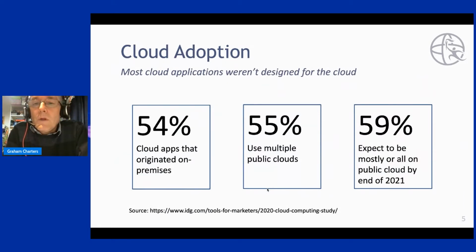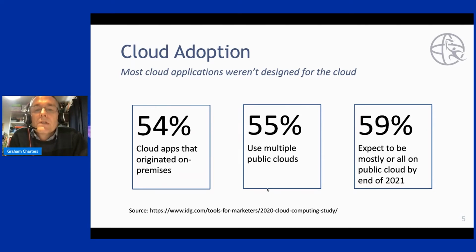And so I've talked about there being a shift. What does that actually mean in terms of the shift to the cloud and Kubernetes? What does that mean in terms of real numbers? Well, this 2020 IDG survey shows that a lot of the applications that are on the cloud actually didn't originate on the cloud. So 54% actually started out as on-premises applications. But also customers are picking multiple clouds.